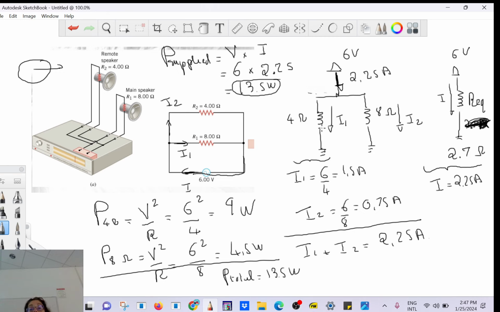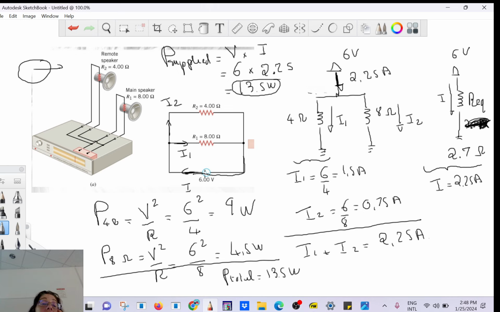So which one gets most current? The 4 ohm or the 8 ohm? The 4. Yes, of course, because that will be the energy provided. That energy provided will be consumed by this one and consumed by that one.